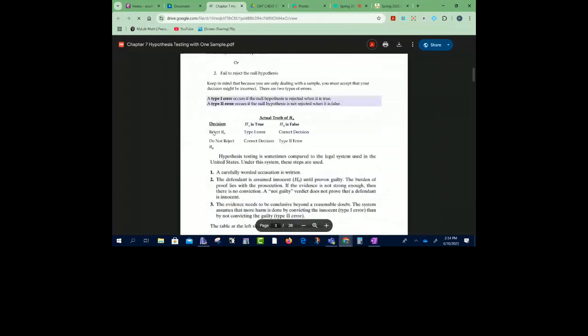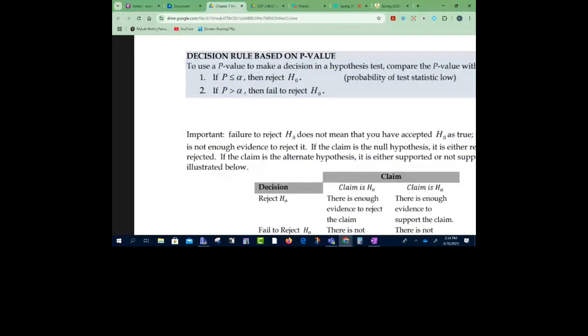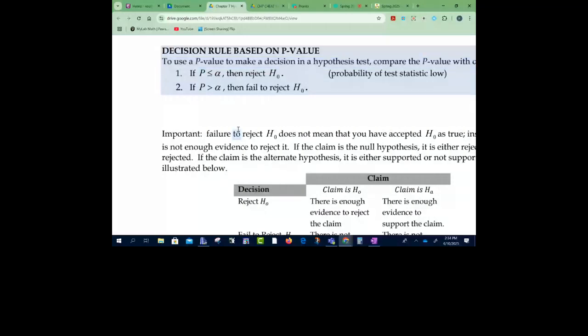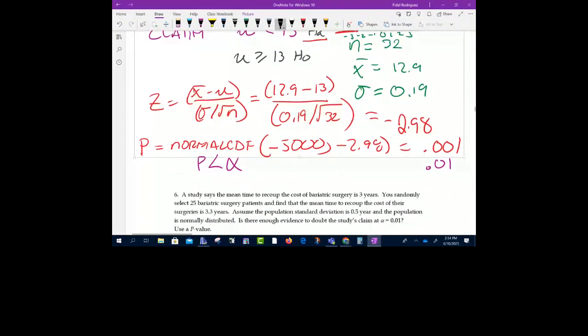Let me scroll this down a little bit and we can find it. Here we go. When P is smaller than alpha, we're going to reject it, right? So right now, we're going to reject.